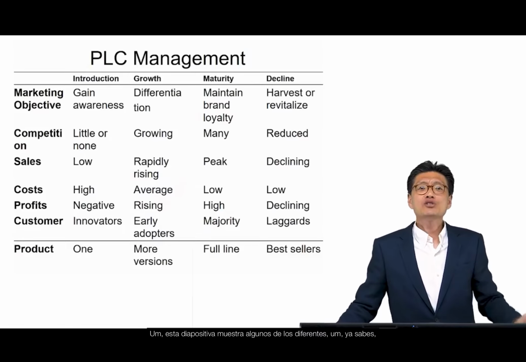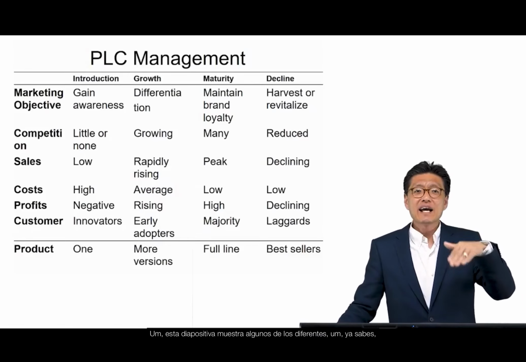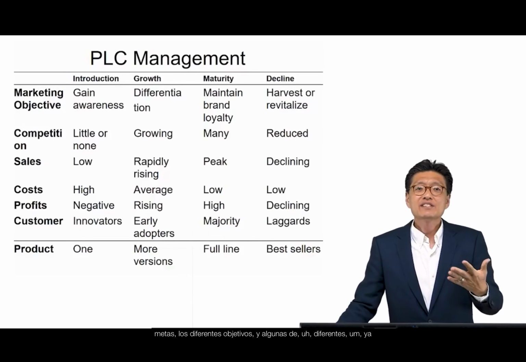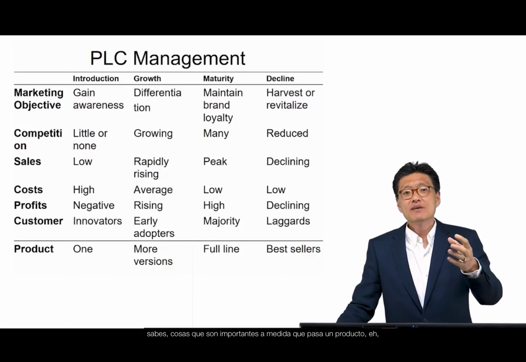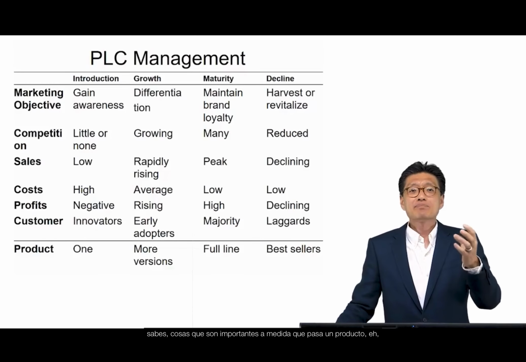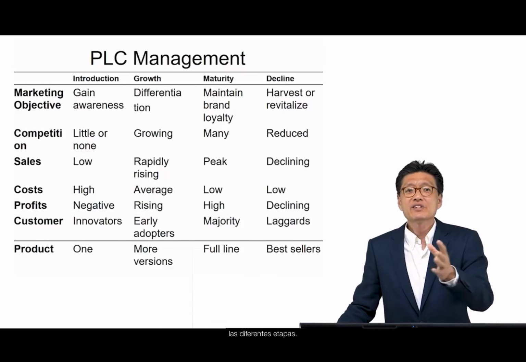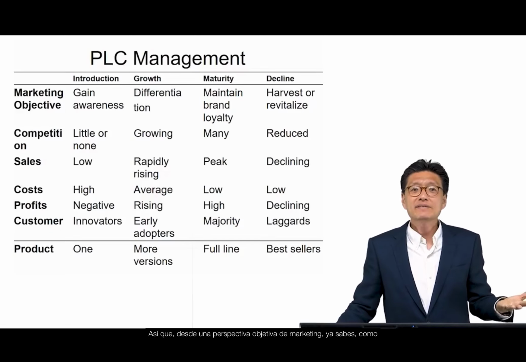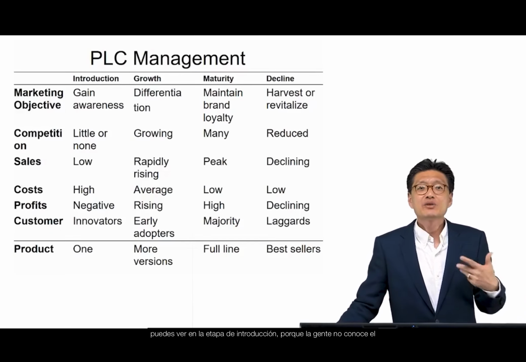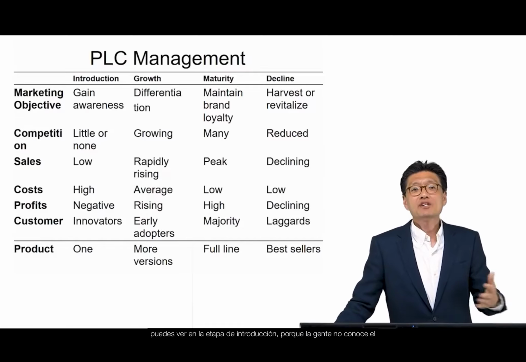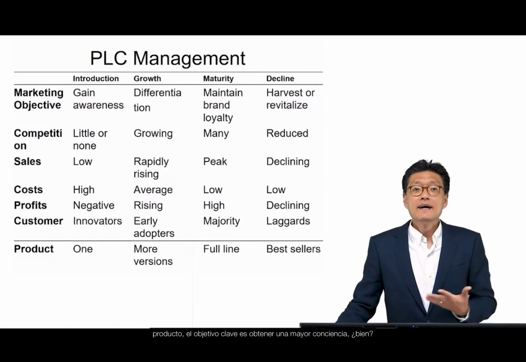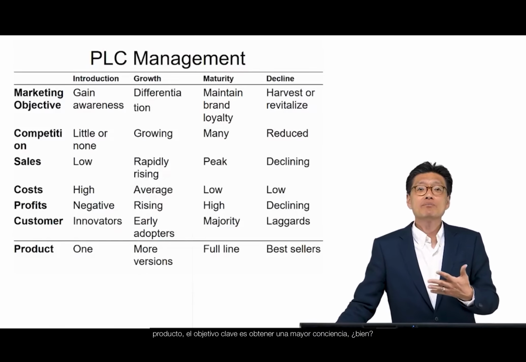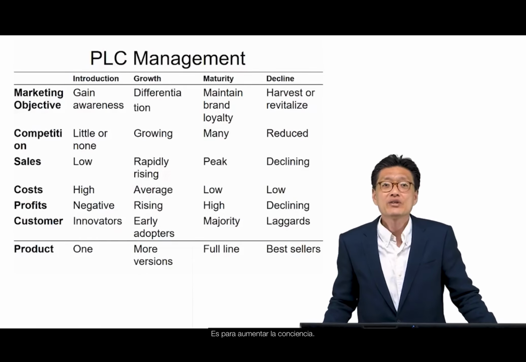This slide shows you some of the different targets, the different objectives, and some of the different things that are important as a product goes through the different stages. From a marketing objective perspective, in the introduction stage, because people don't know about the product, the key goal is to increase awareness.